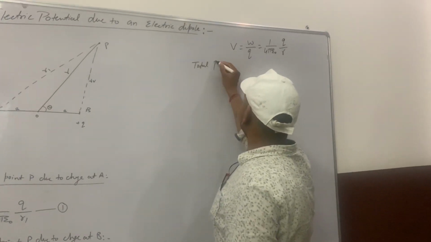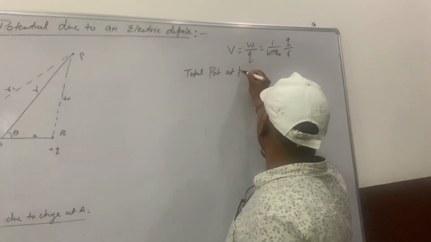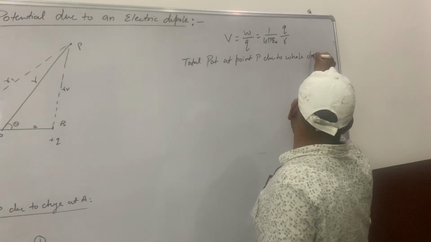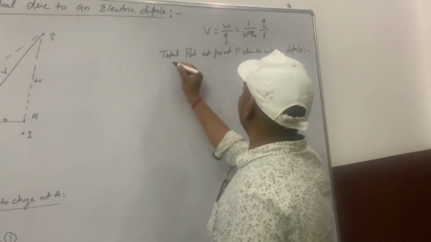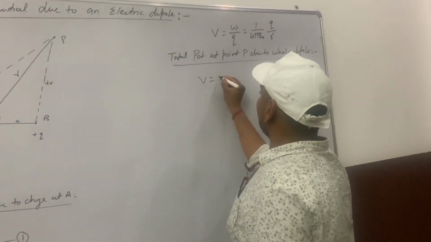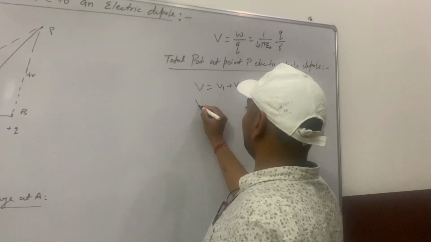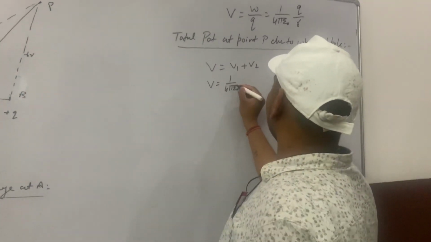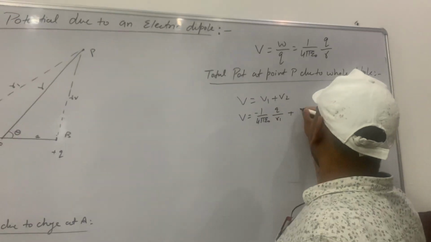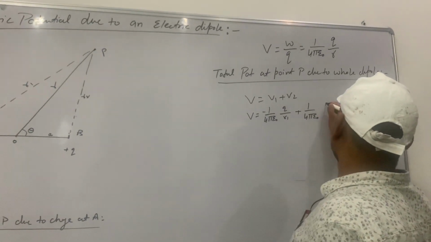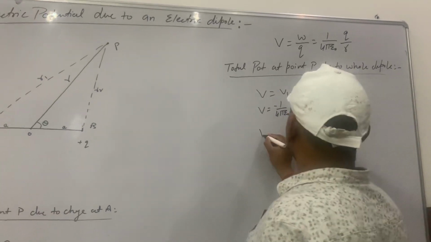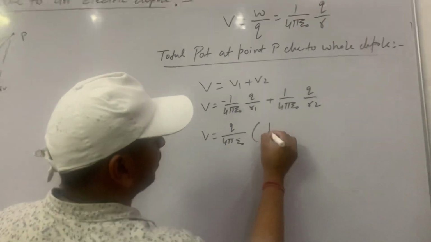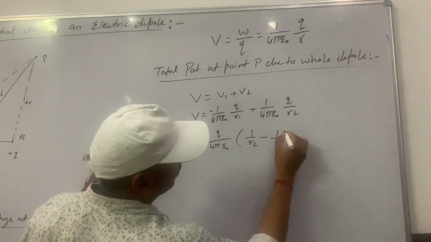Since electric potential is a scalar quantity, the total or net potential at point P due to the whole dipole is given as V equal to V1 plus V2, and V equal to 1 over 4 pi epsilon naught q over r1 plus 1 over 4 pi epsilon naught q over r2, and in this case V equal to q over 4 pi epsilon naught times 1 over r2 minus 1 over r1.